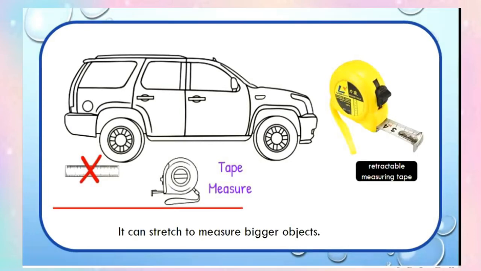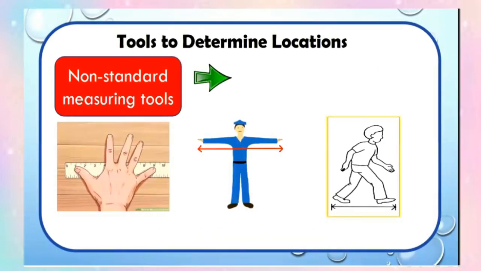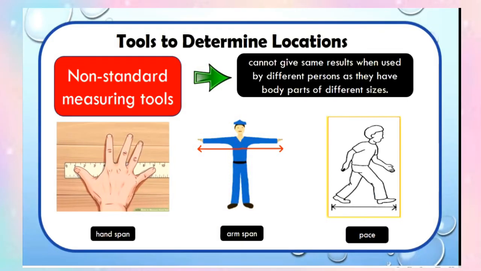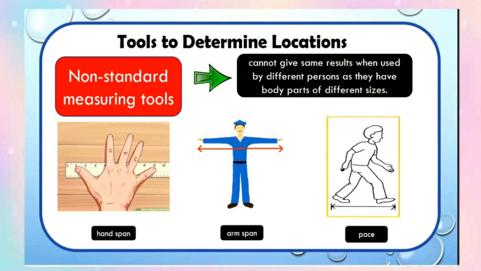The second type of tool to measure distances is called non-standard measuring tools. These three are examples: handspan, arm span, or pace. They cannot give the same results when used by different persons, as they have body parts of different sizes.